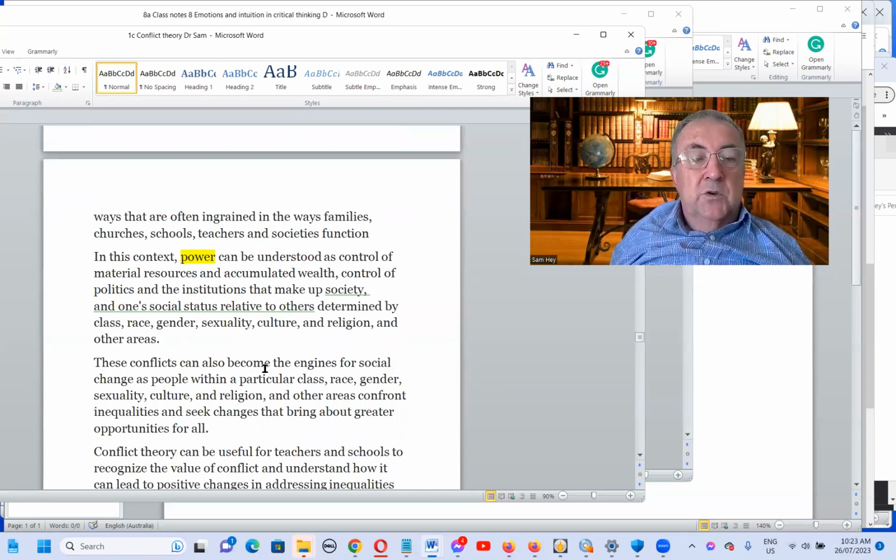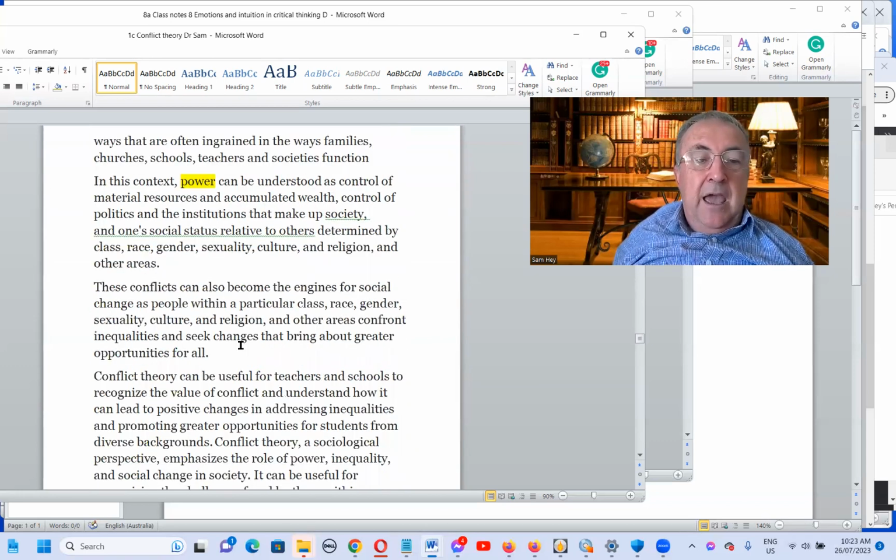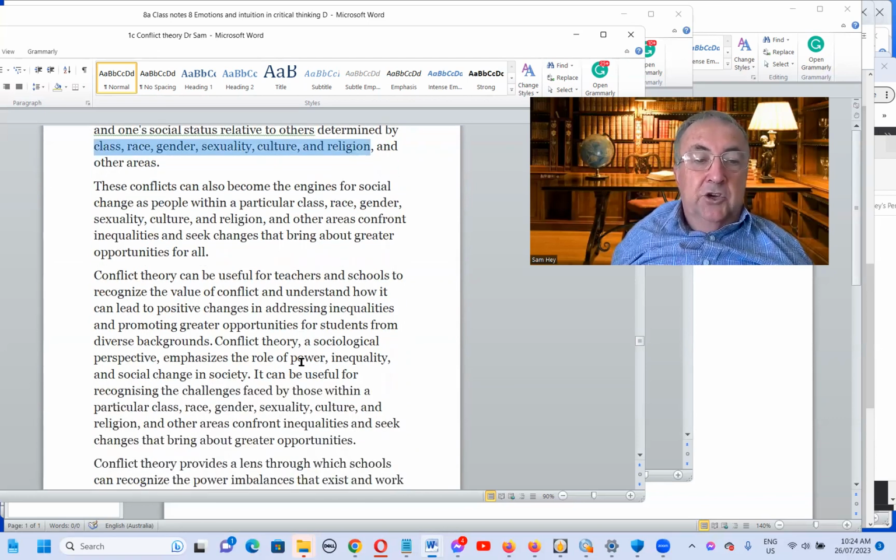So power can be understood as seeking control of the resources and the viewpoints and the decision-making, and there will inevitably be differences between individuals and classes and race and gender and culture and religion on these issues.